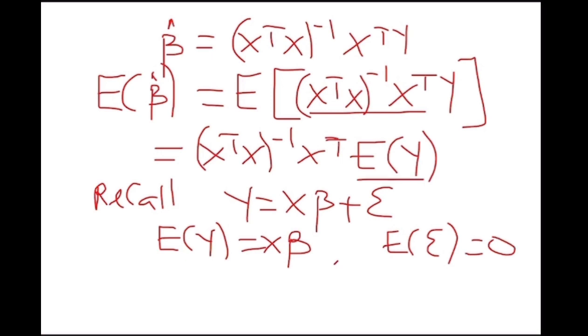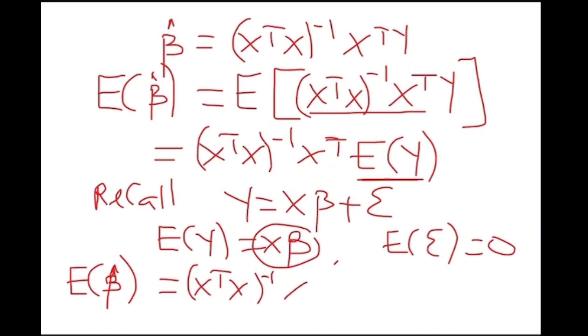So here I'm going to plug in this guy: S transpose X inverse S transpose, then X beta. Now let's take a look at this. That's going to be identity, right? Identity beta, which is going to be beta.